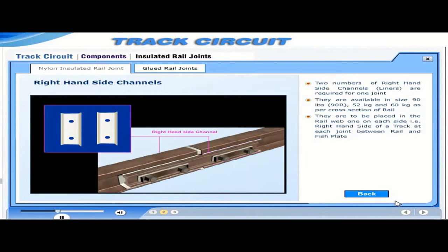Right-hand side channels. Two right-hand side channels, liners, are required for one joint. They are available in sizes 90 lbs, 52 kg and 60 kg as per cross section of rail. They are to be placed in the rail web, one on each side, that is, right-hand side of a track at each joint between rail and fish plate.